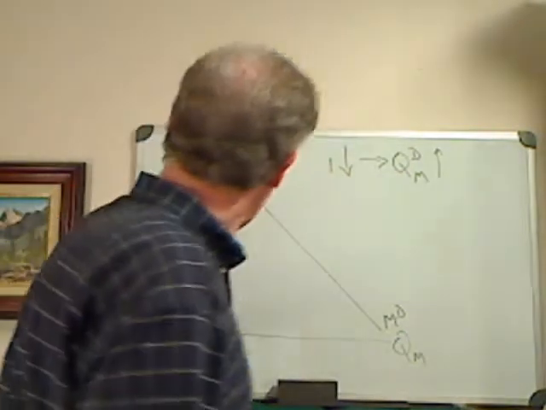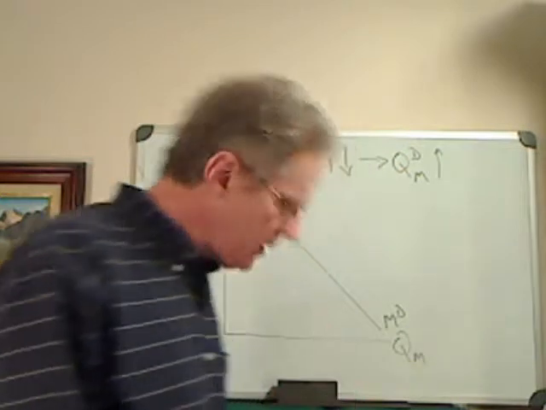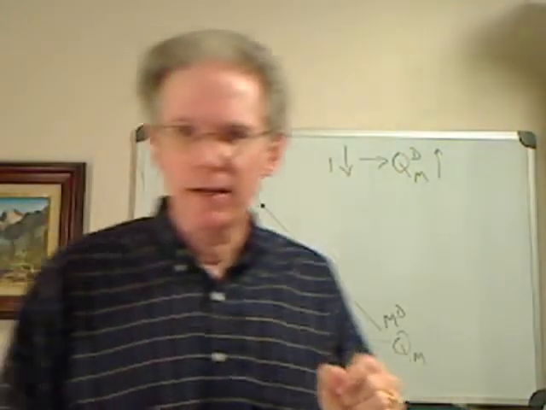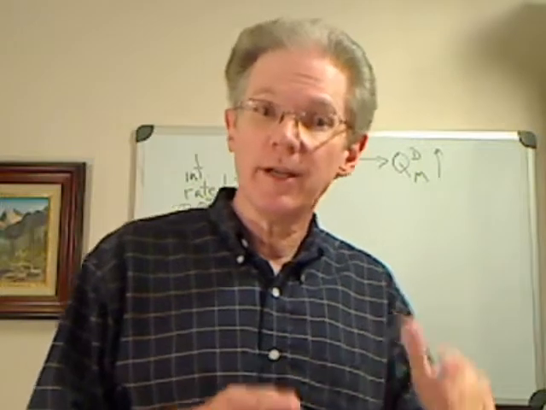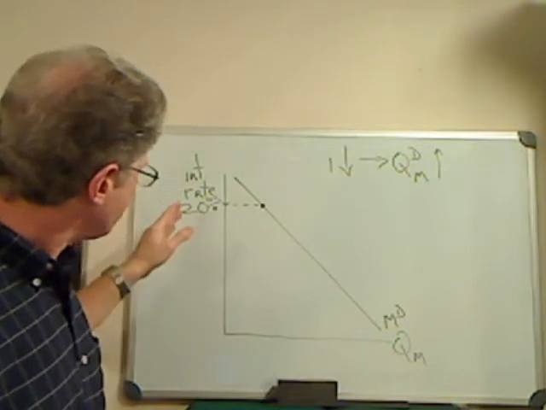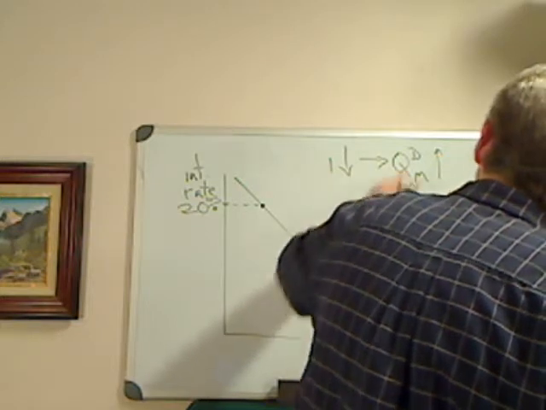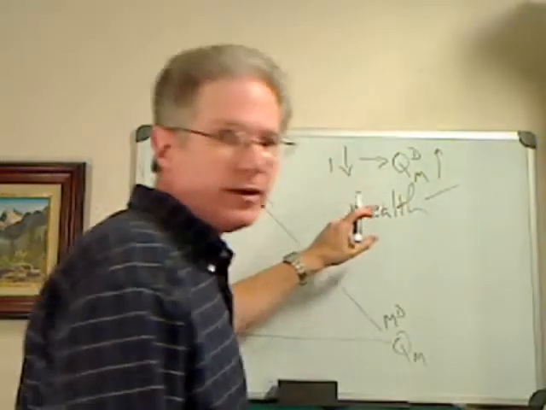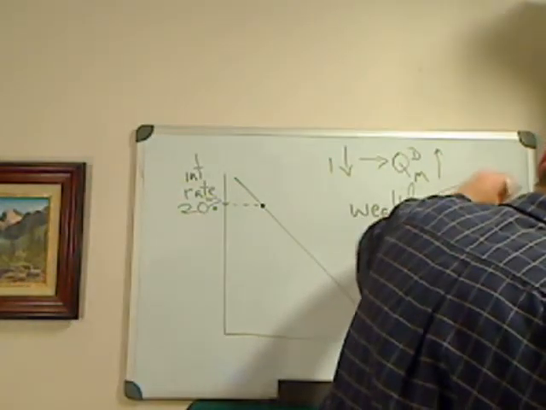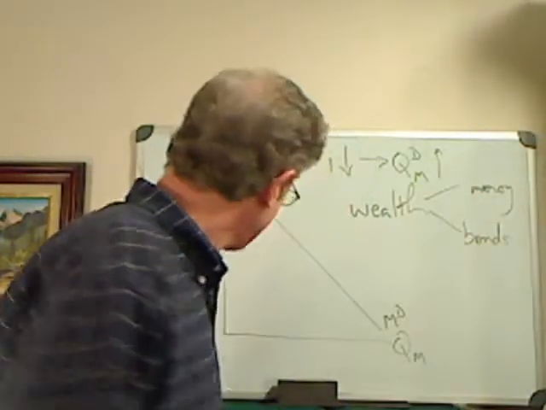This is the interest rate that is paid on bonds. So the point on the money demand curve here is telling us how much money people will want to hold if the interest rate on bonds is 20%. Now, just think about it. Remember, the decision people are dealing with is how to allocate their wealth, how much to hold in the form of money, and how much to hold in the form of bonds.